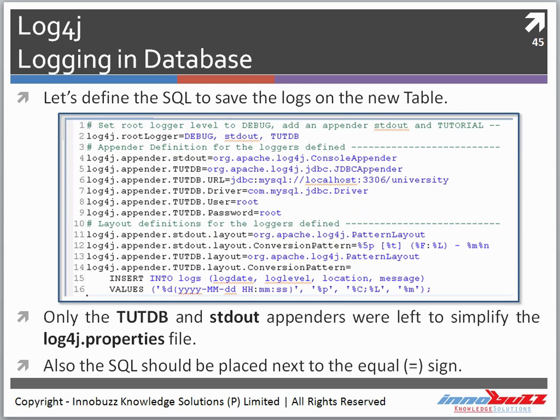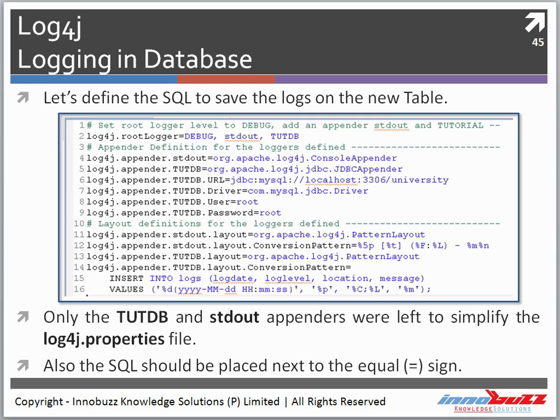Take a look at the new definitions. We have defined two appenders, standardout and tut.db. tut.db is defined as a JDBC appender and standardout as a console appender. On the tut.db appender, we have defined the JDBC URL to connect with the database, the JDBC driver, the user, and the password.